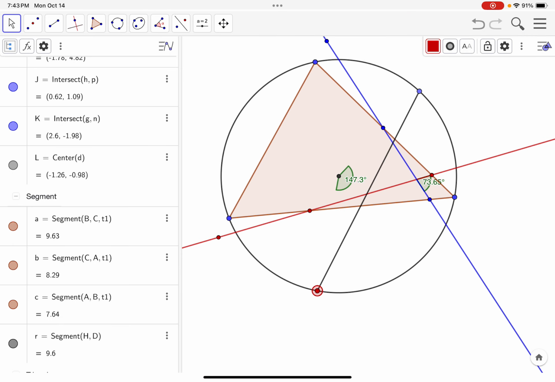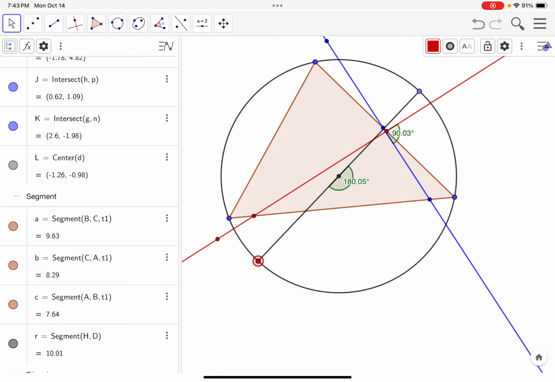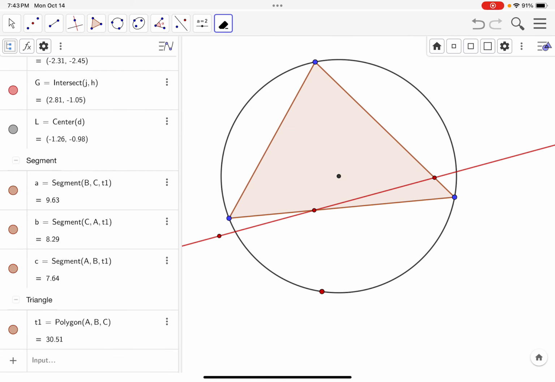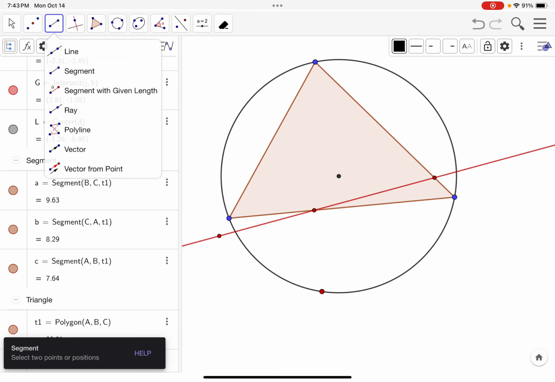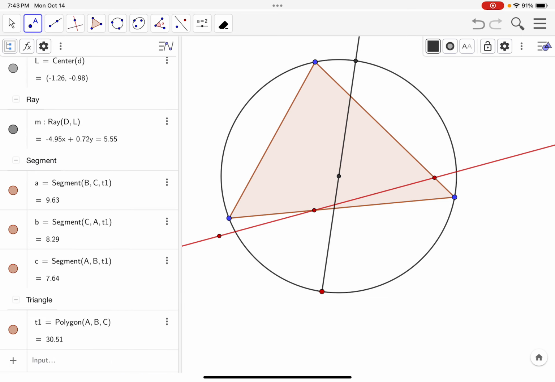Okay, so the point here is that we need these two to always be a diameter. And so what I'm going to do is erase one of them and create it again such that they're always a diameter. The easiest way to do that, I think, is to delete that point and then construct a ray, so that we can then construct another point that's diametrically opposed and always remains as such.